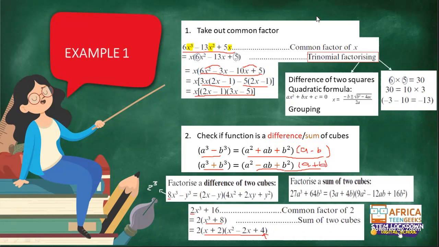Okay, so that's how you find factors. And remember, if you are finding your x-intercept, you simply let this equal to 0 and then you find your roots. Okay.